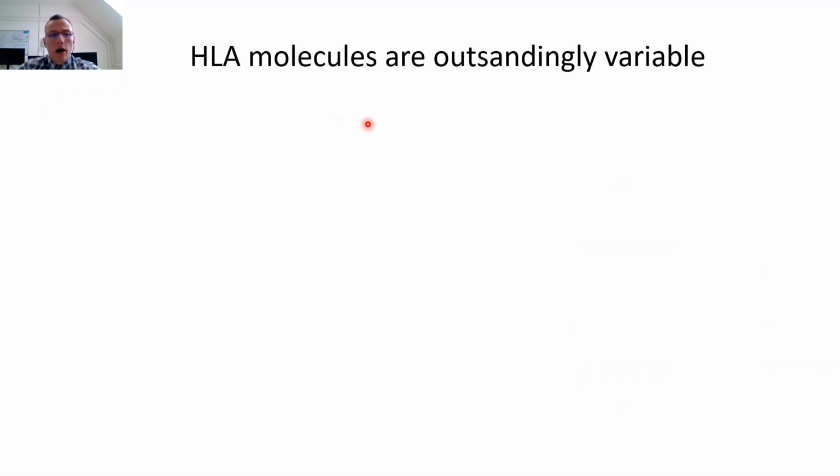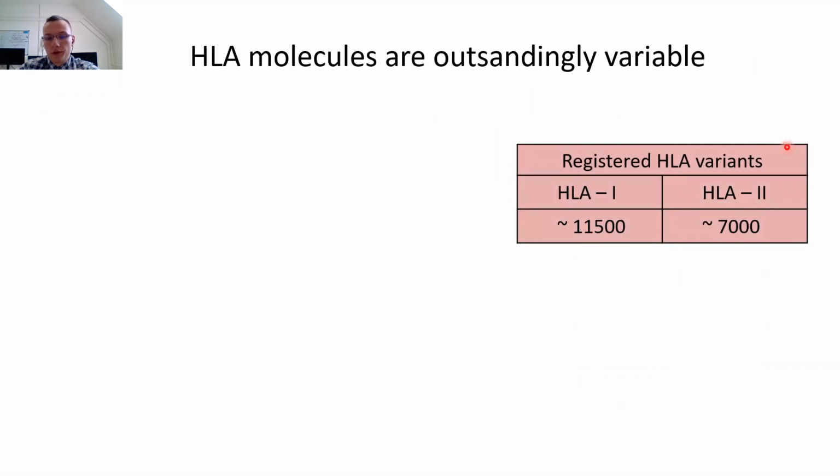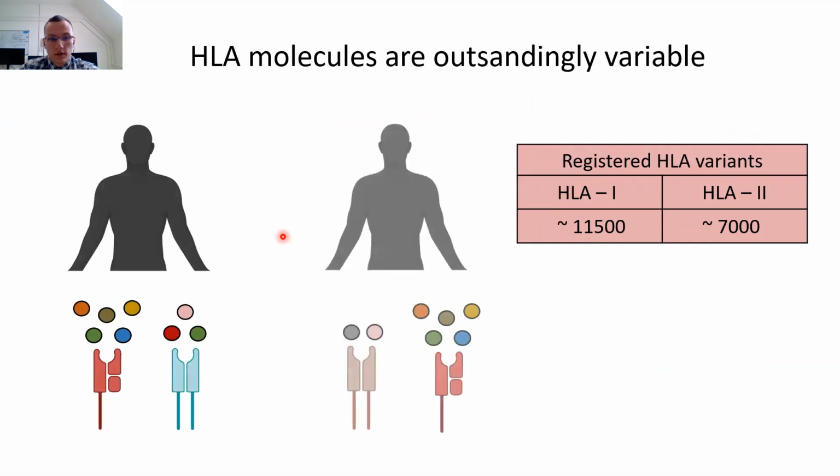HLA molecules are outstandingly variable. Actually, they are the most variable region of the human genome. There are many thousand different registered HLA variants, and 2 individuals potentially carry different HLA variants.